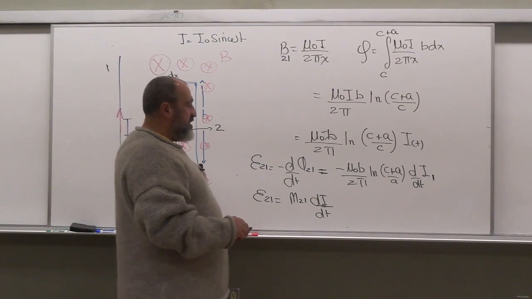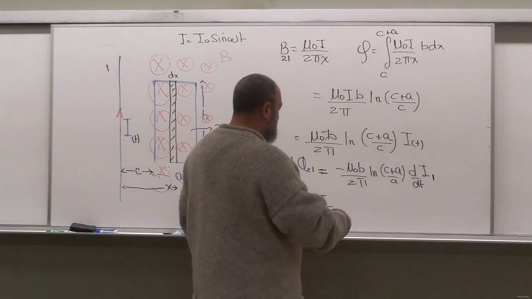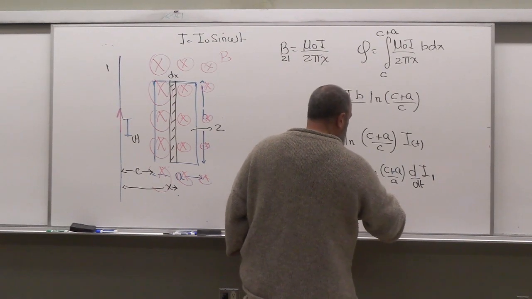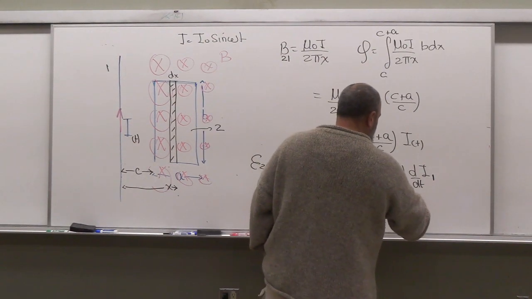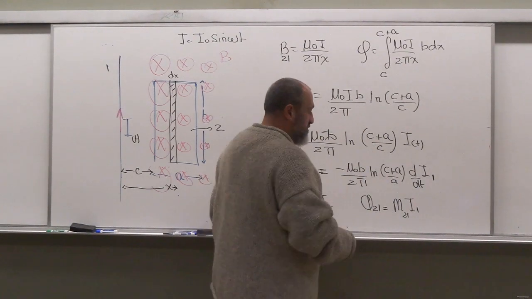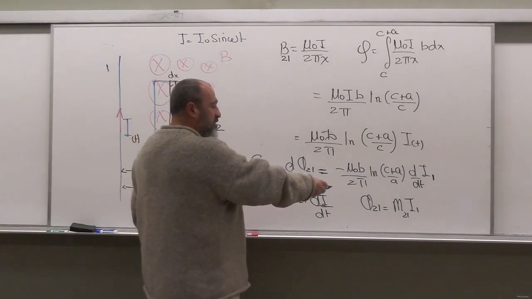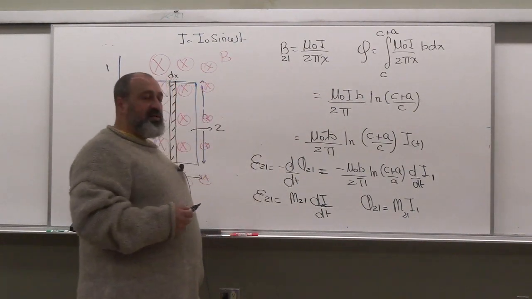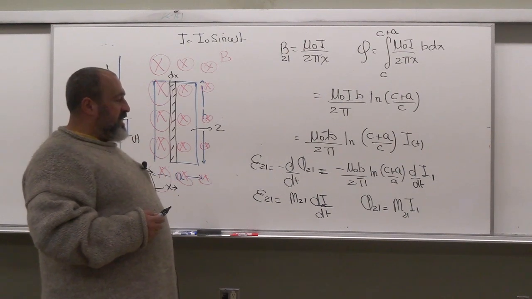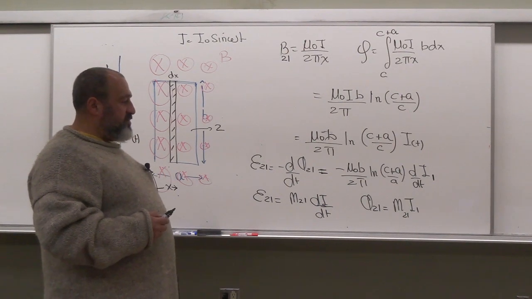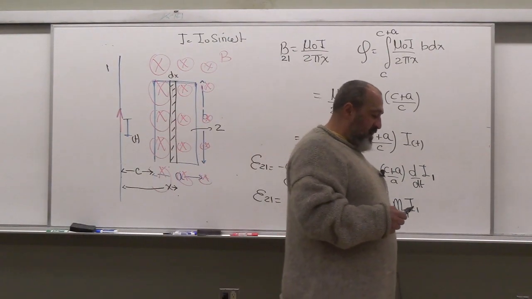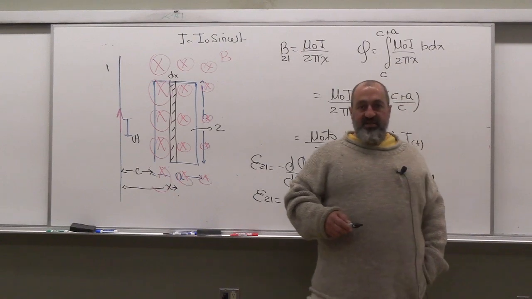Alternatively, what you can say is that phi in 2 from 1 is equal to M multiplied by I1, where M is the mutual inductance, right? So either one will get you the same result. So we're talking about mutual inductance here, and we are going to expand this idea a little bit now to talk about the meaning of self-inductance.